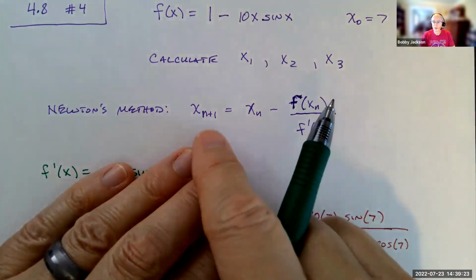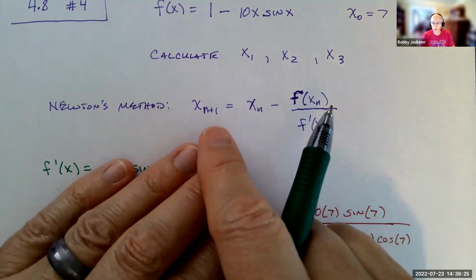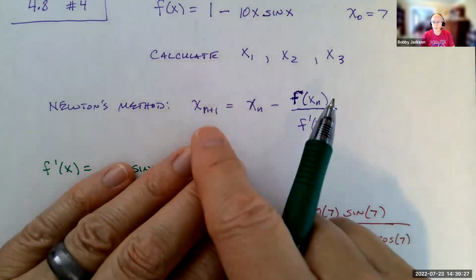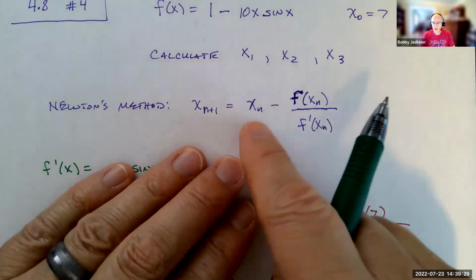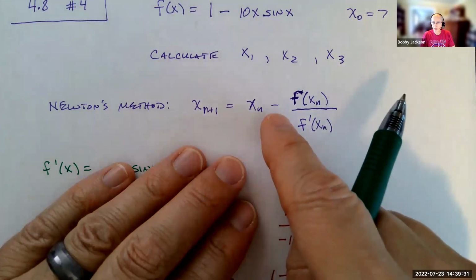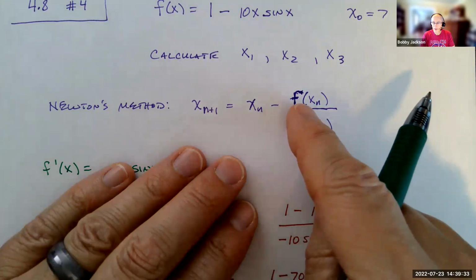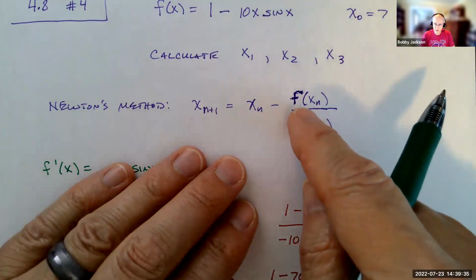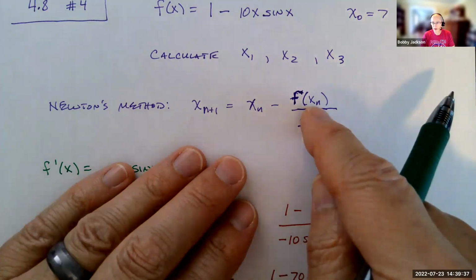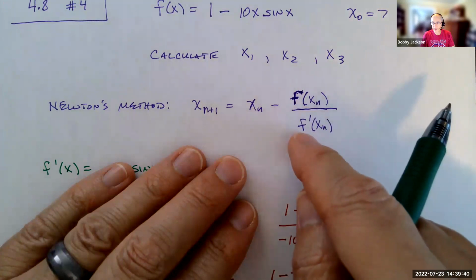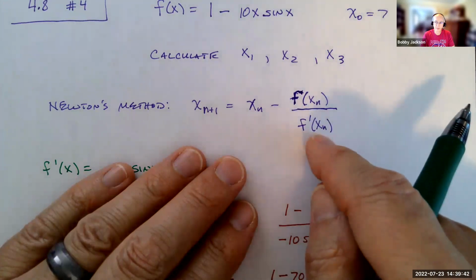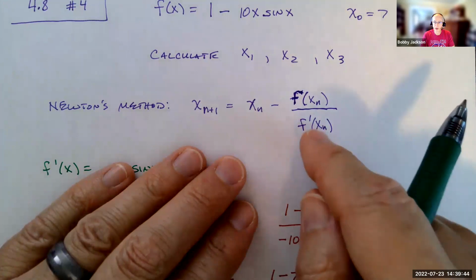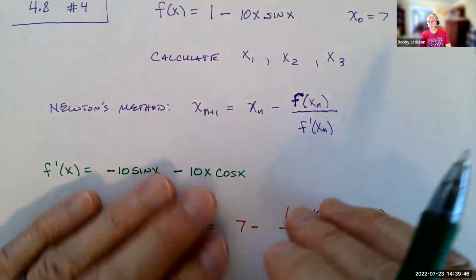It's an iterative method. Again, you can watch the lecture video for more explanation of where it comes from. To find the next iteration, we take the previous one and subtract the function evaluated at that previous value, divided by the derivative evaluated at that previous value. We talked about in the lecture video where this came from.